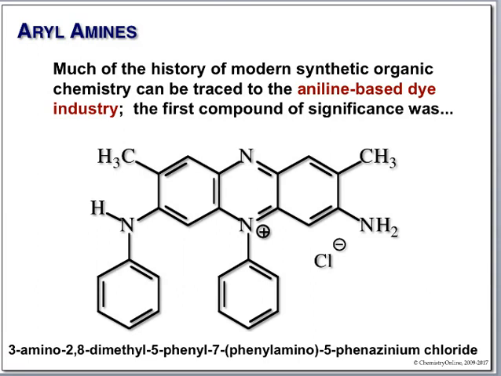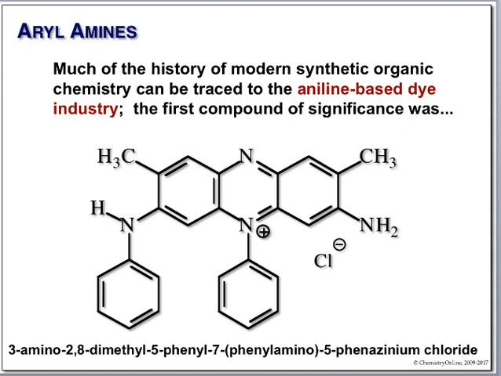This is where it all really took off, because this monetized organic chemistry. Back in the old days, if you wanted something dyed, you had to use, I don't know, indigo or something from a plant or tomato or whatever.